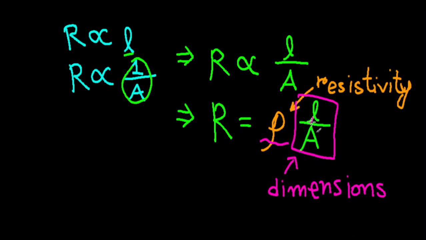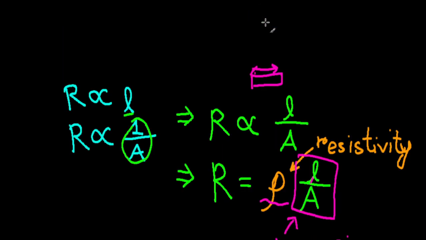This expression right here is what tells you what effect the dimensions of your object have, your length and your area. This expression is enough to tell you what effect these two have on a resistance.